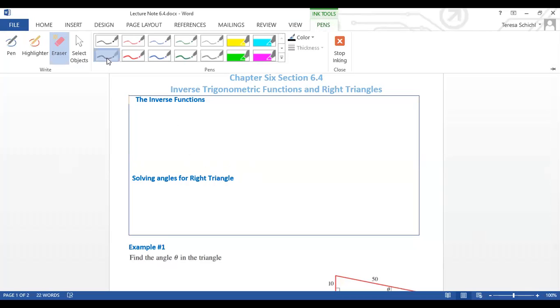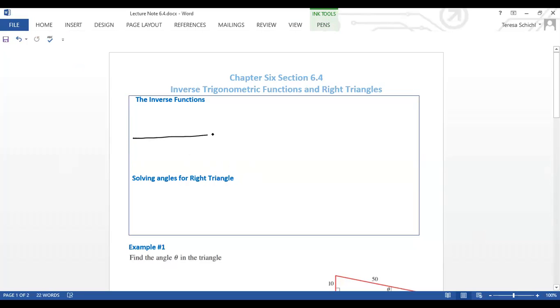Now, like we did for the previous sections, if you have a right triangle, you can move that triangle to the coordinate system. So this is my right triangle, and this is my angle theta.